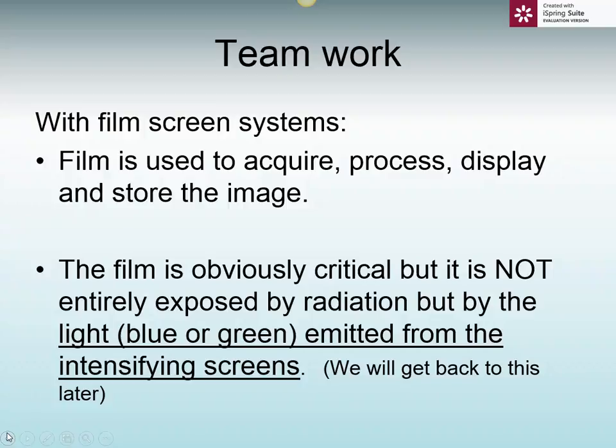So do you remember I've talked about these little different areas here? Film is involved with all of it. The film has to be there because the film is the medium that the image is actually going to be recorded on. But please keep in mind, it is manufactured to be sensitive to specific types of light.